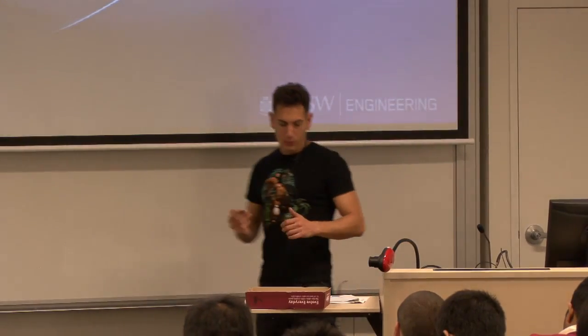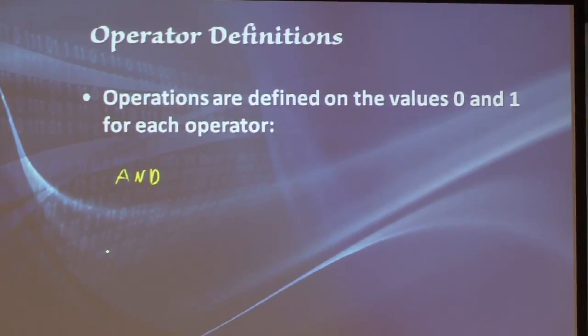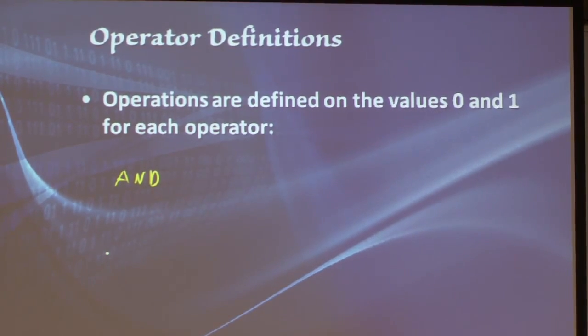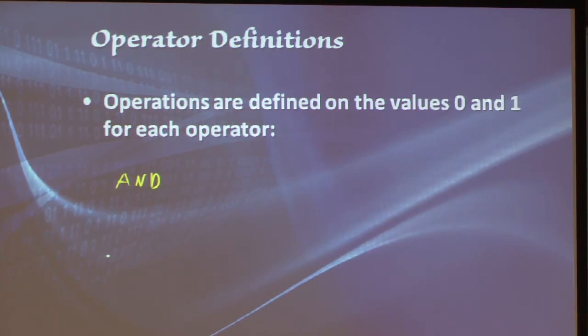So what do those operations do? Well, the and and the or each take two variables or two constants. They can either be a 0 or 1. And they're defined as such.